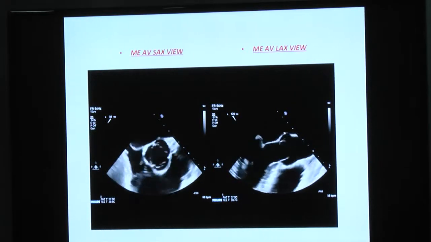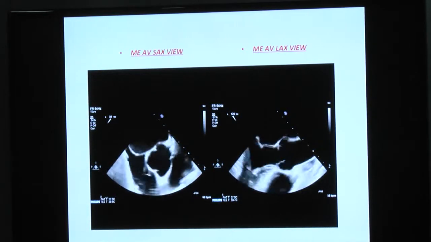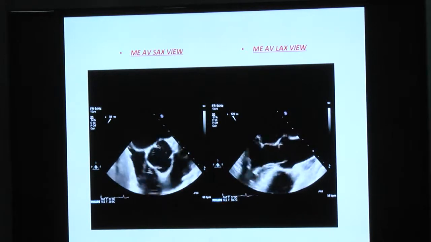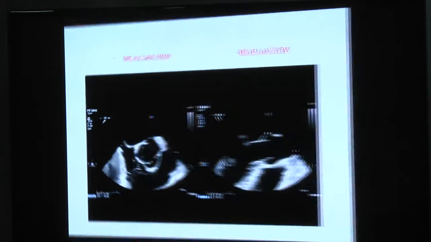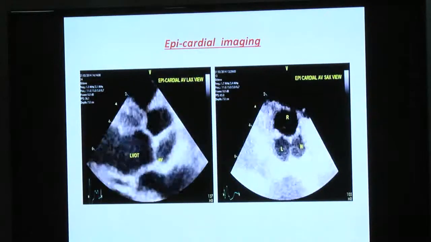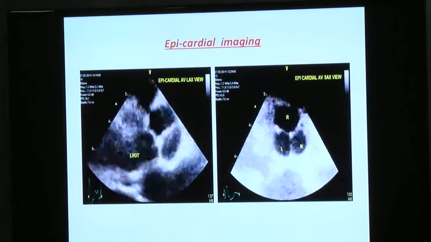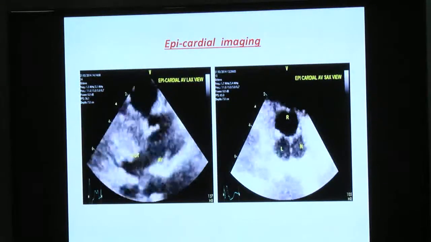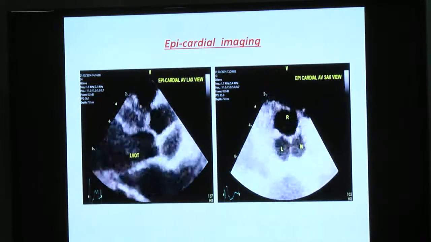Suppose we are unable to introduce a probe, and we land up in a situation where the surgeon wants us to quantify the aortic valve, what the gradient is or what the degree of AR is. We definitely have an alternative view, epicardial imaging. The surgeon or one of us can scrub in and place the probe directly on the heart. You can have both the long axis and the short axis view.